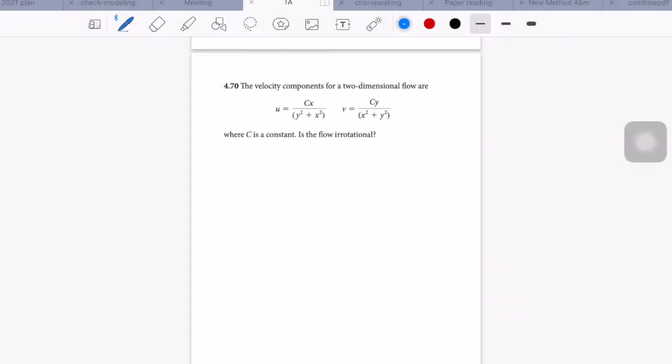For the third problem, we need to determine whether the flow is rotational flow or not. We know an irrotational flow requires that the partial derivative of u with respect to y should be equal to the partial derivative of v with respect to x.